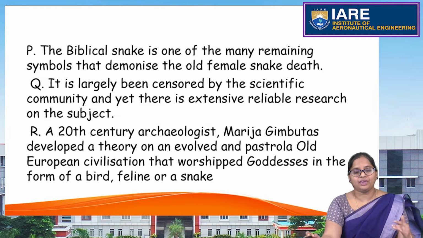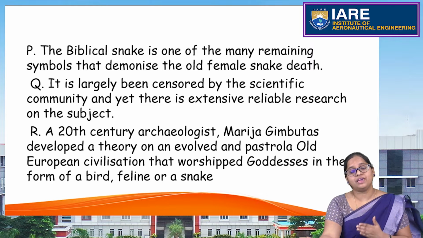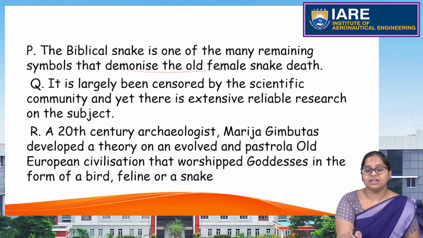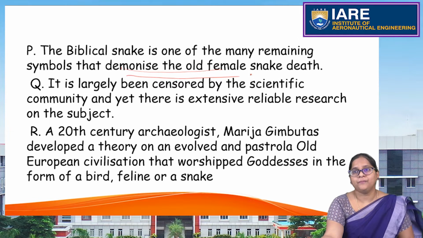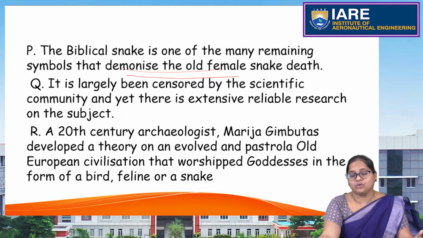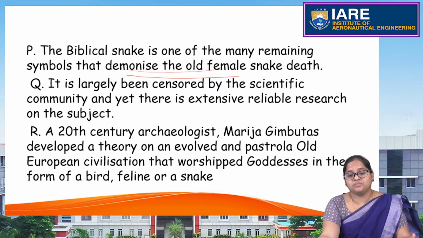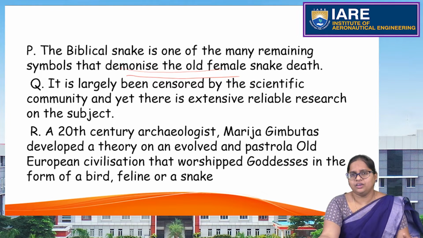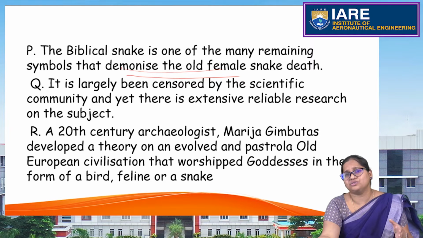Now, the options given: P, Q, R. The biblical snake is one of the main remaining symbols that demonize the old female snake death. Now, what is this about? The biblical snake is one of the many remaining symbols, which stands for evil.